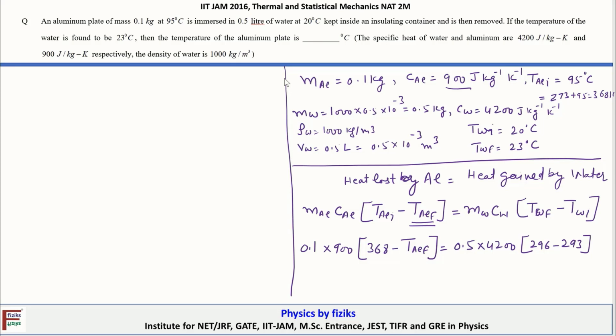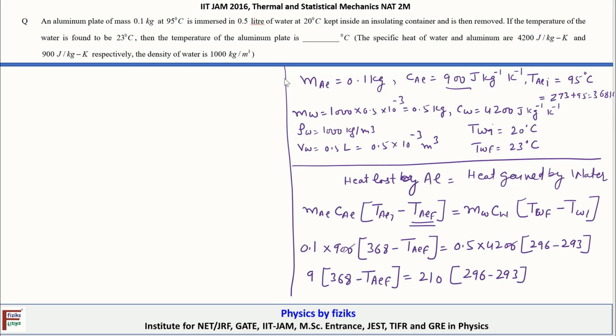So after solving this, these two zeros will cancel with each other, and after multiplication we will obtain 9 into (368 minus T aluminum final), the final temperature of aluminum, and that is equal to, after multiplication, 210, and then the delta T, which is merely 296 minus 293, a factor of 3 basically.